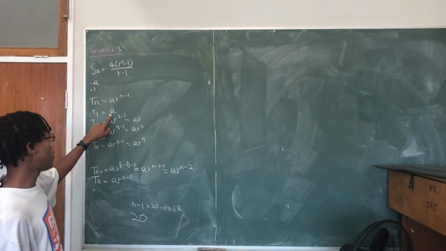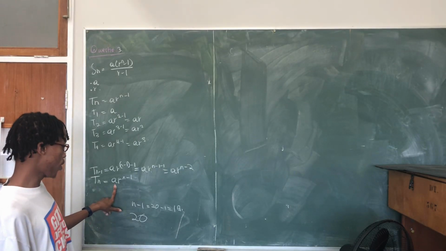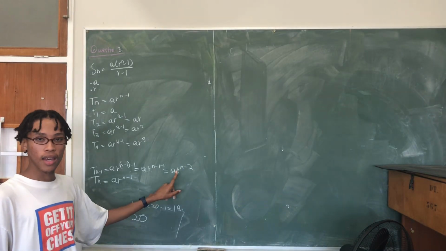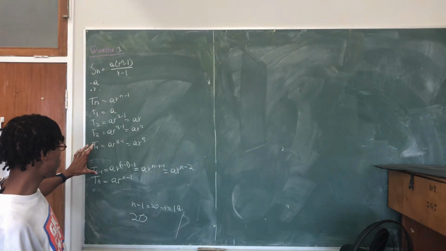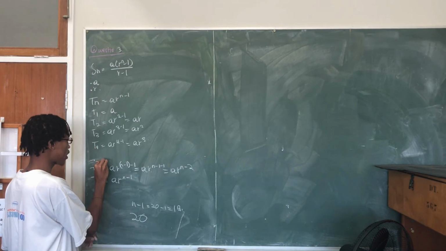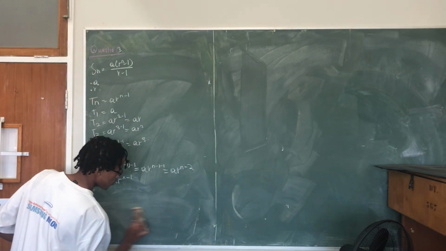So we have the value of our first term, the value of our last term, and the value of the second last term, a r to the power n minus 2. And then the values of the numbers between these two, we'll express them as 3 dots. So we're still looking for the sum.